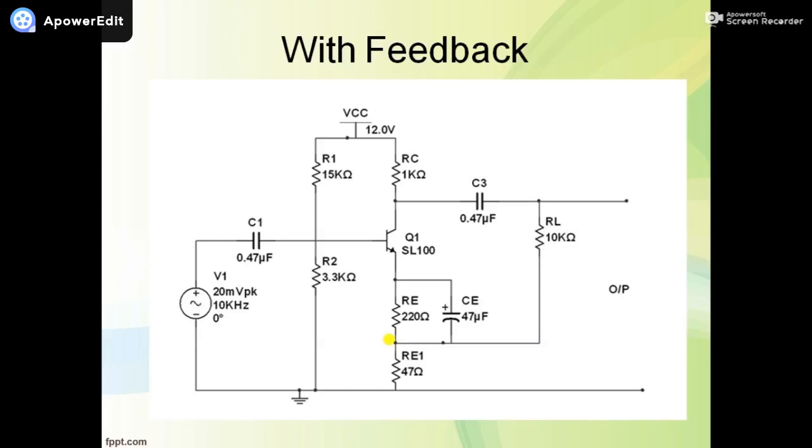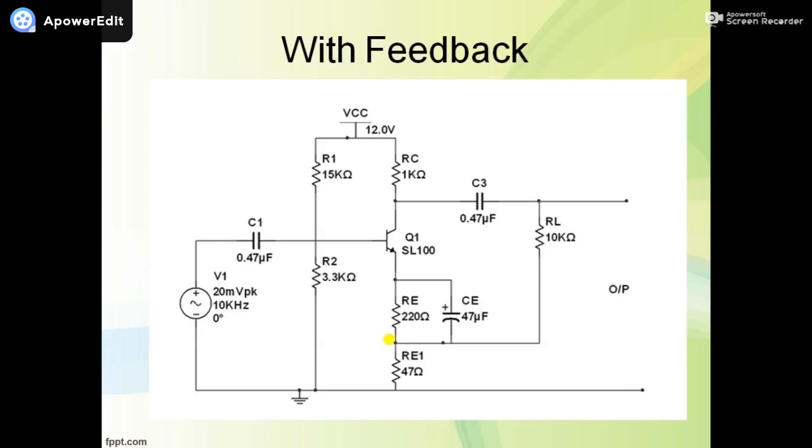And what are the advantages of this feedback system? We can maintain a stable, particular voltage gain, and with the help of this feedback system we can reduce the distortion.